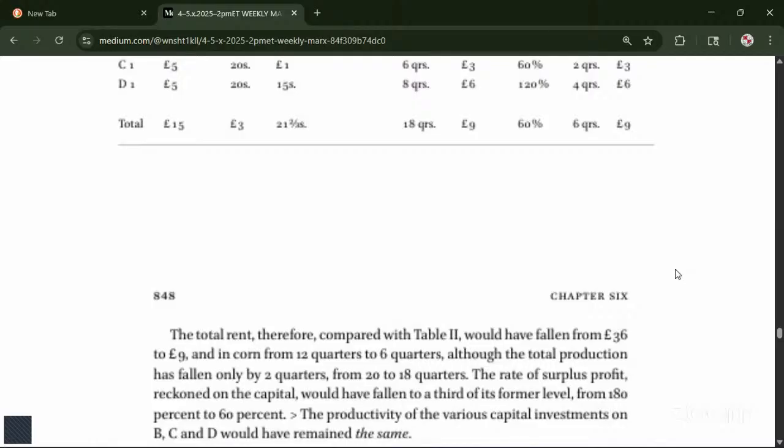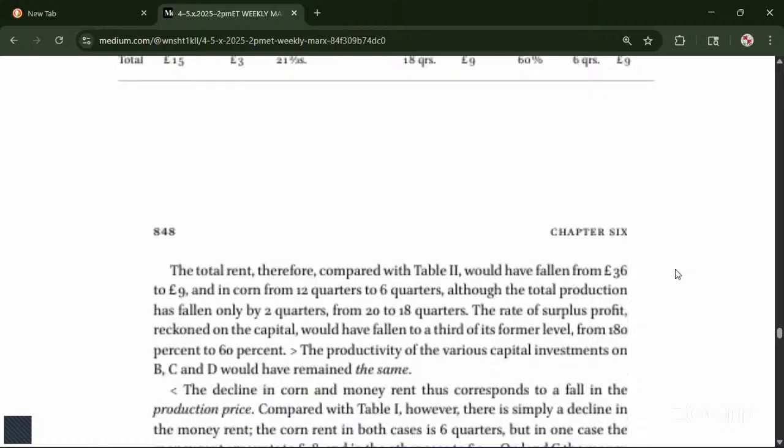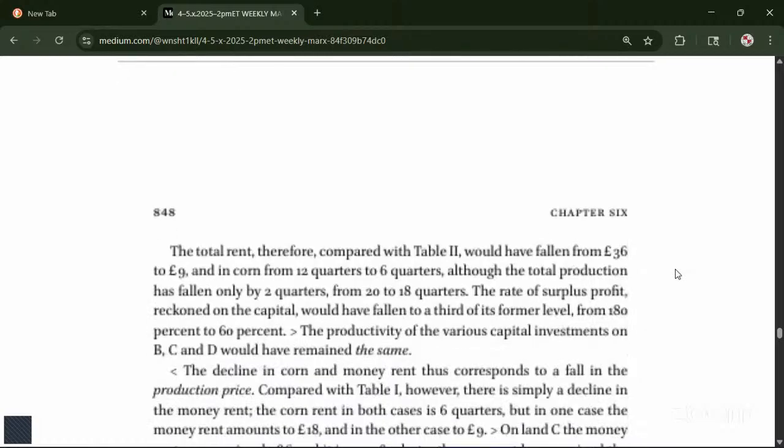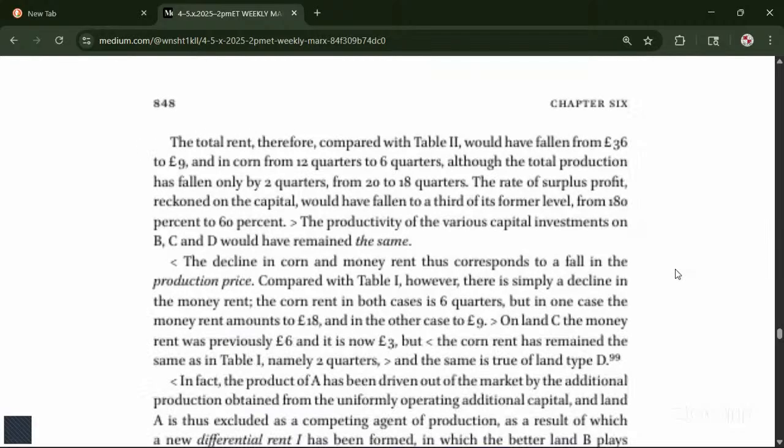The productivity of the various capital investments on B, C, and D would have remained the same. The decline in corn and money rent thus corresponds to a fall in the production price. Compared with table 1, however, there is simply a decline in the money rent. The corn rent in both cases is 6 quarters, but in one case the money rent amounts to 18 pounds, in the other case to 9 pounds.